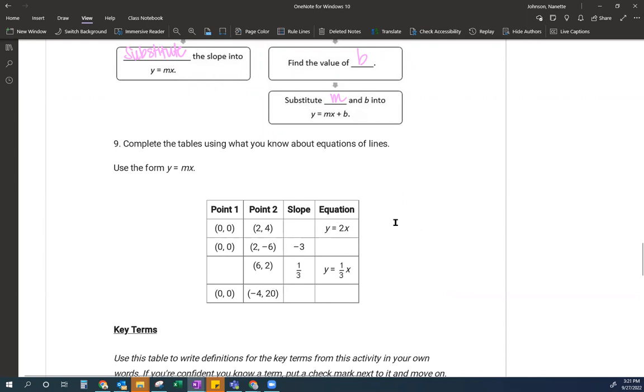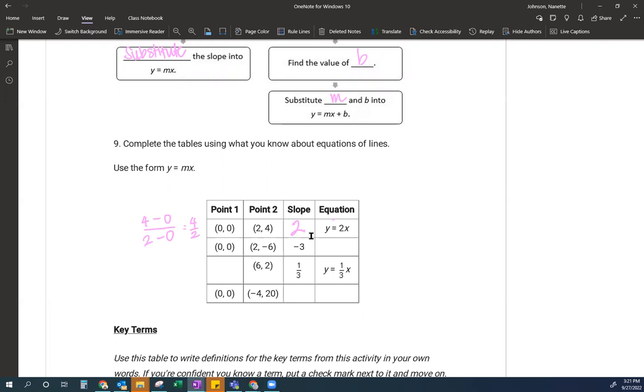All right, so now that you're back, you're going to find the slope of these 2 points, the first row I'm going to do. And you're going to just do that same equation over and over again. So I'm just going to do the subtraction. 4 minus 0, 2 minus 0. Oh, that's 4 over 2, which is just 2, which is why this is 2.